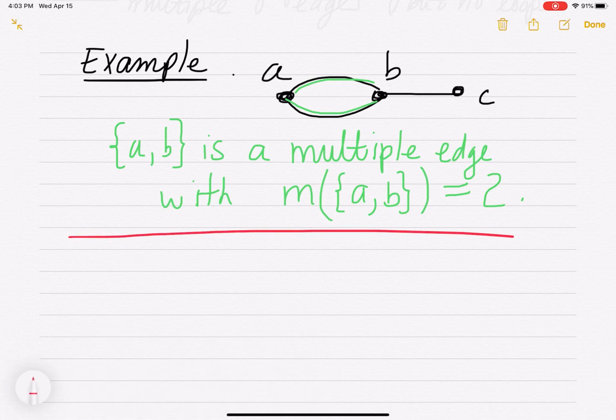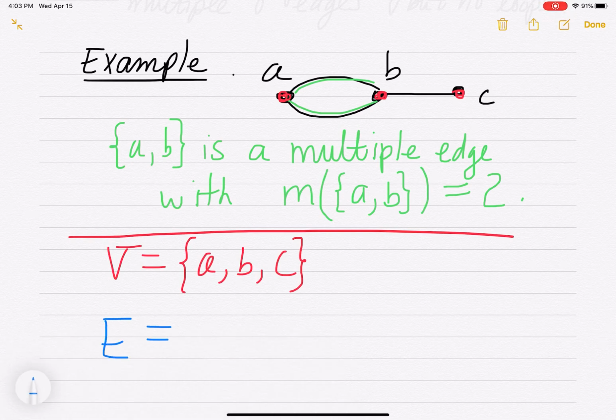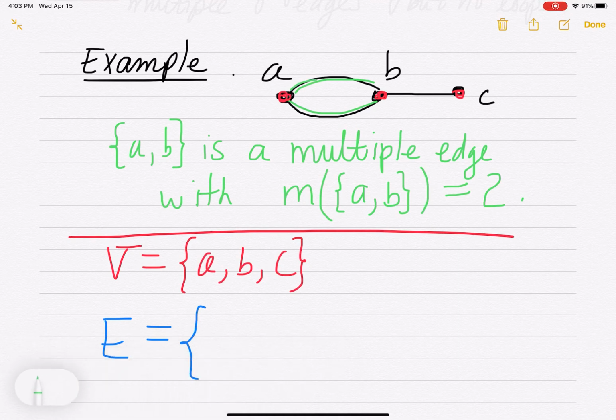So if I were actually listing out all my vertices, I'd have 3 vertices. I'd make a set of 3 vertices, A, B, and C. And then my edges, let's say I wanted to do my edges. All right, so it looks like we just have 2 edges. You have first AB, that's an edge. And then you have a second edge, BC.